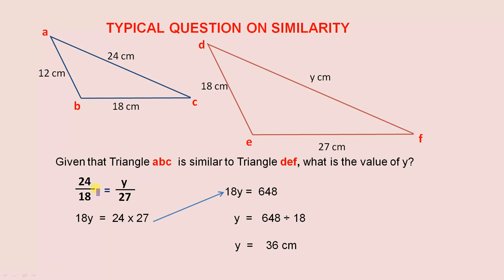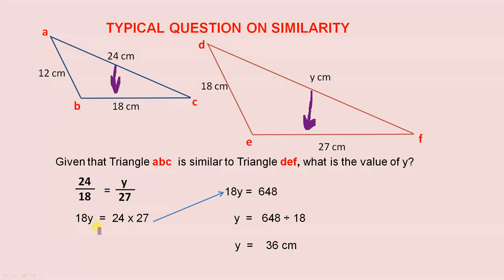So we have 24 over 18. So that side over this side will equal y over 27. We have those two corresponding sides, and we have those two corresponding sides. So those ratios are equal.